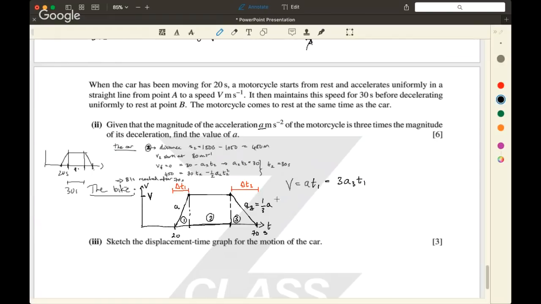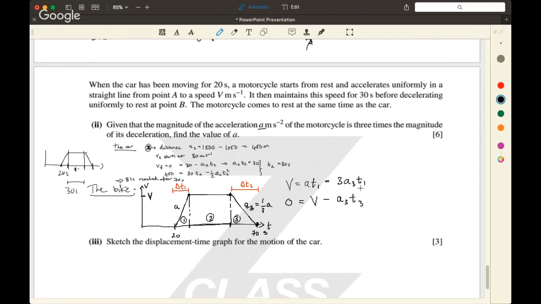So I'm going to work with this A3, and then I'm going to go back to A because they asked me for A, but it's easier this way. And we also know that the final velocity here is 0, and that's going to be equal to the initial velocity at the start of section 3, which was big V, minus A3 times T3. So these two things are true.